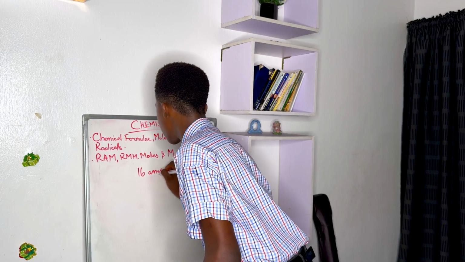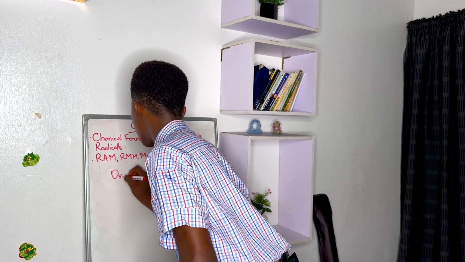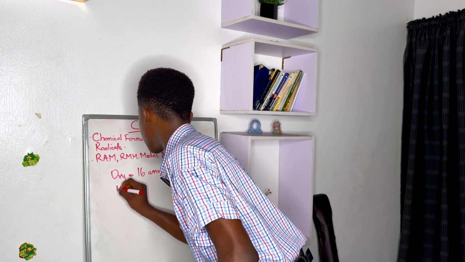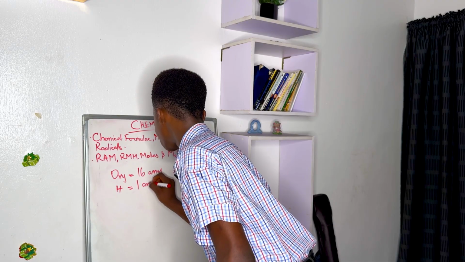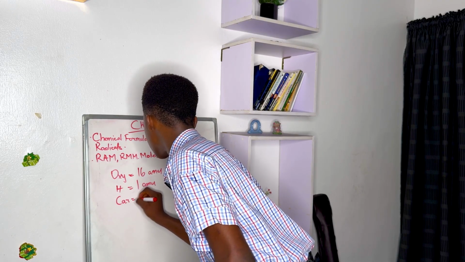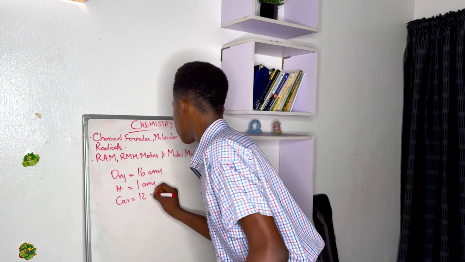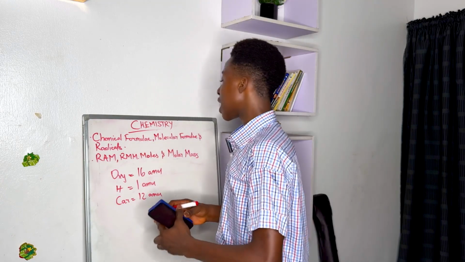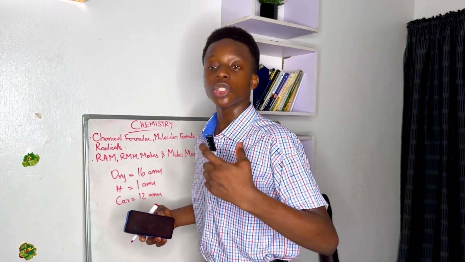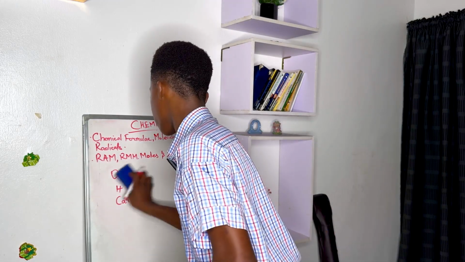The one for hydrogen is 1 AMU. The one for carbon is 12 AMU. So just keep this in mind. This is how we measure the relative atomic mass of elements respective to carbon-12, or 1/12 of carbon-12.